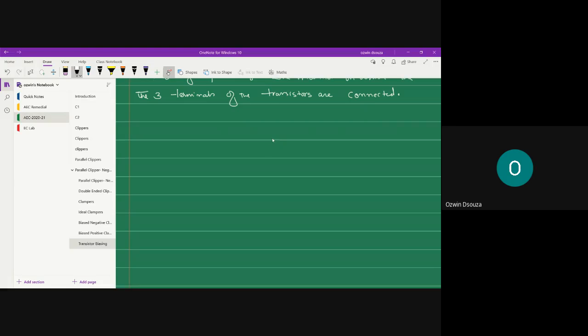Now, out of these three terminals, any one terminal can be made common to both the input circuit and the output circuit.